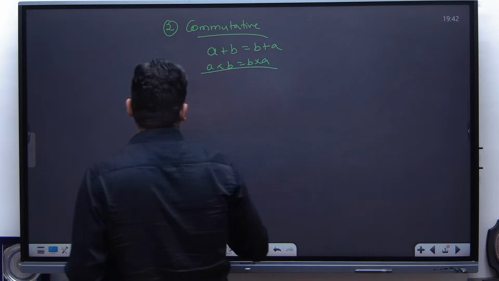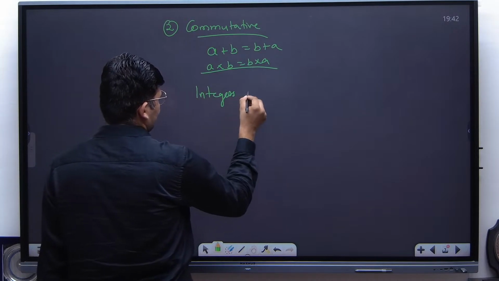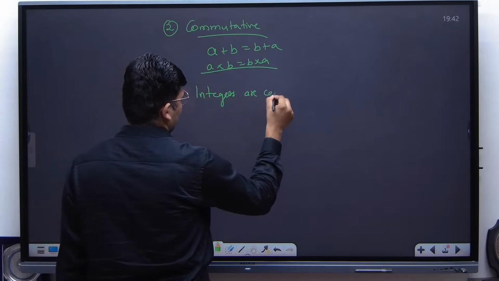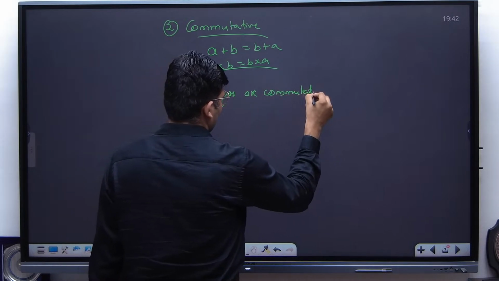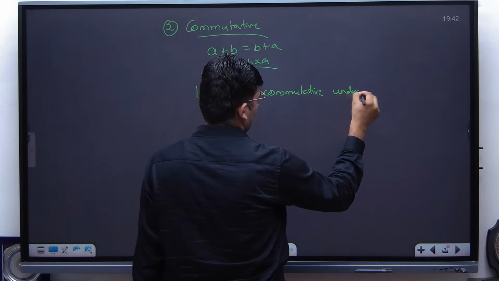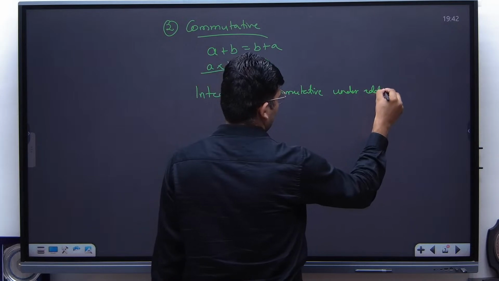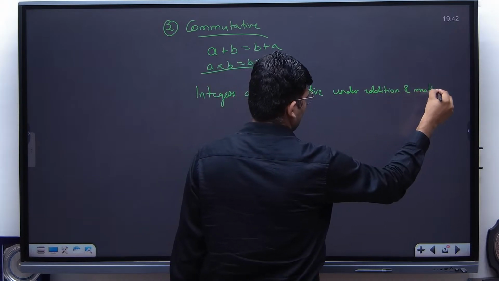So we will say integers are commutative under addition and multiplication.